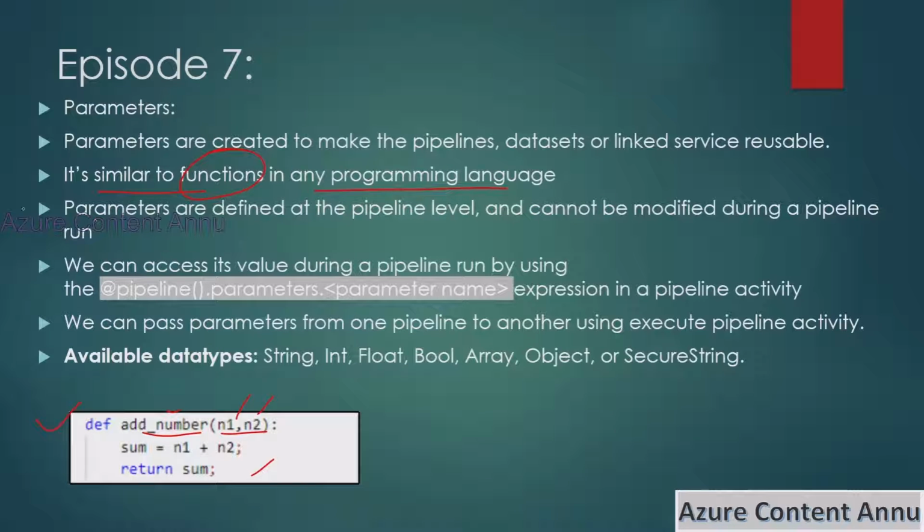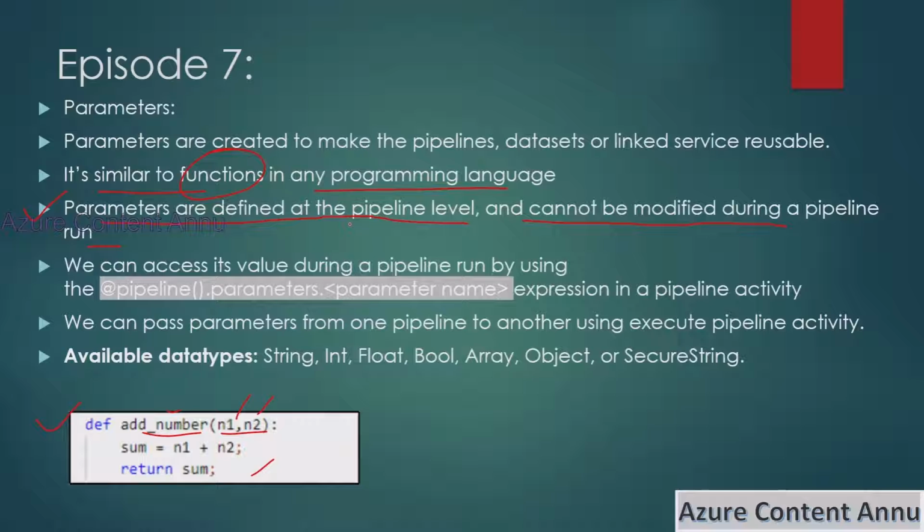Now this is the most important point regarding parameters. Parameters are defined at the pipeline level and cannot be modified during a pipeline run, which means that parameters can only be defined at the start of the pipeline execution. Once we set a value to this parameter, we cannot modify the parameter value during the course of that pipeline.